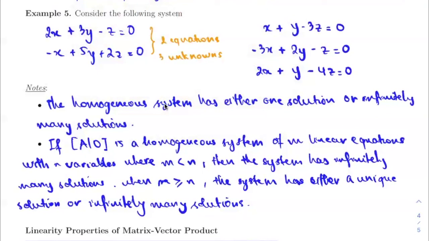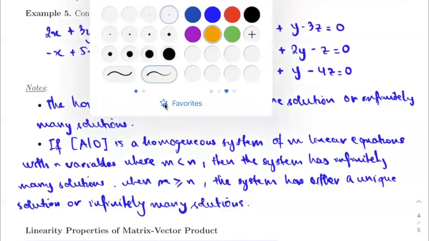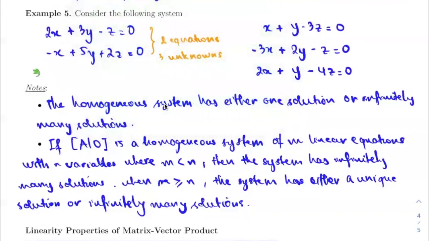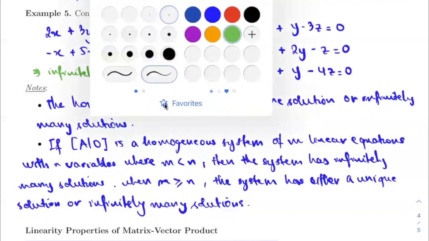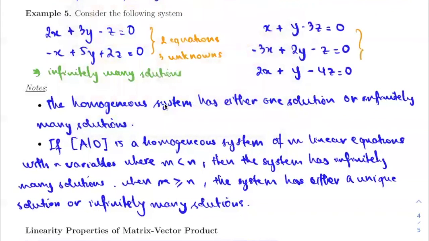So m is less than n, and you can conclude for this particular system that there are always infinitely many solutions. And for the system on the right, you have three equations with three unknowns.